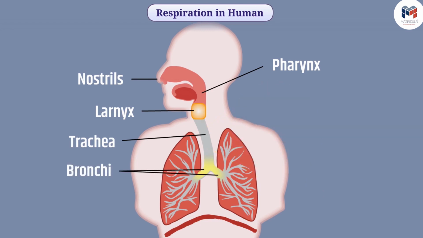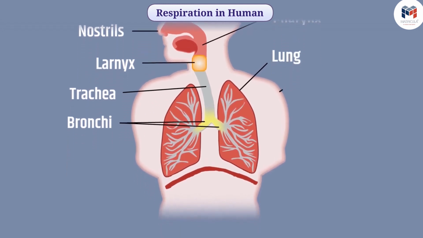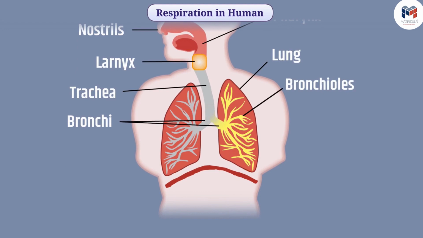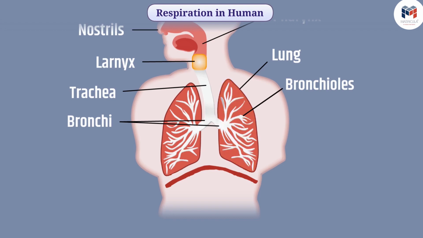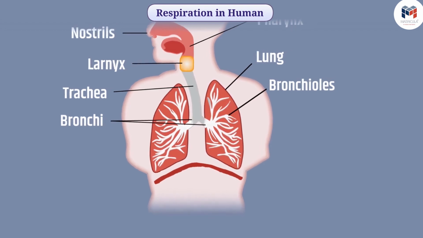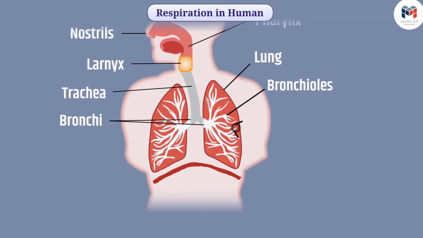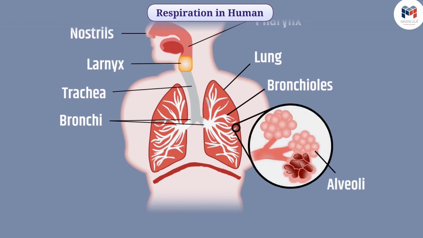Two bronchi originate from the trachea. One bronchus enters into one lung. Inside the lung, the bronchus divides into bronchioles. Air from the trachea flows into the lungs via the bronchi and bronchioles. In lungs, bronchioles terminate into alveoli.